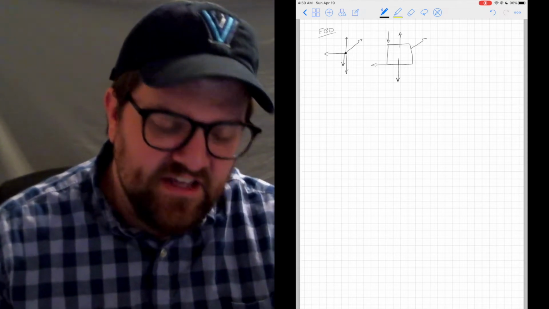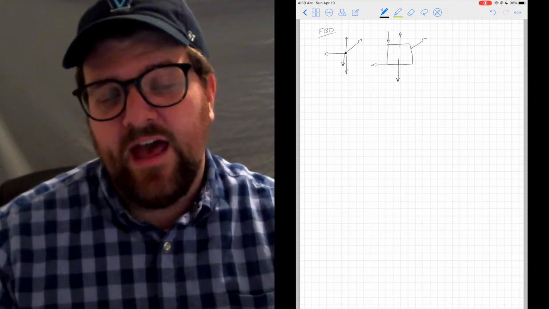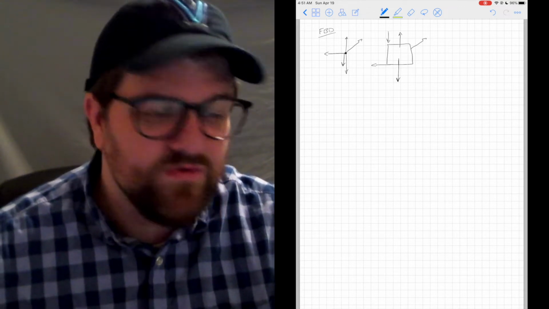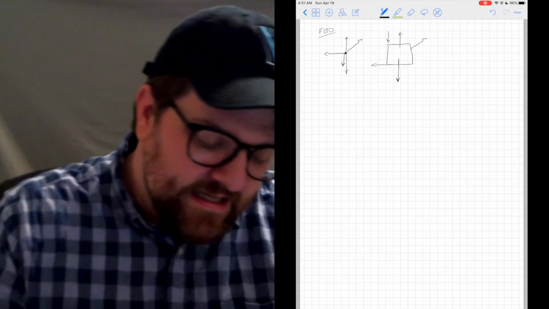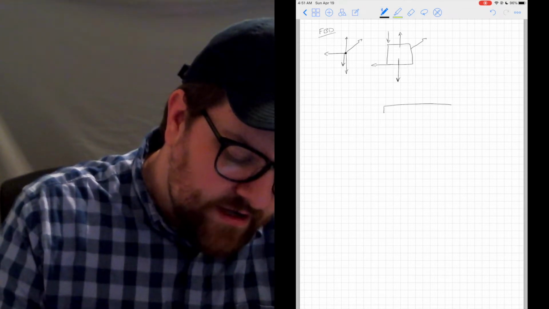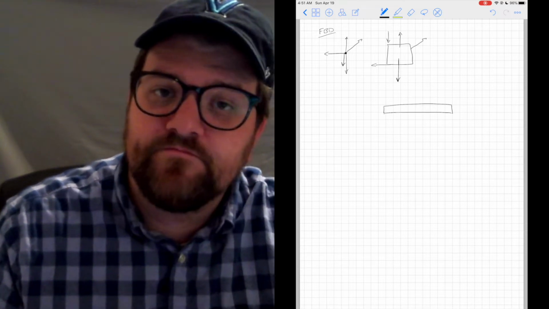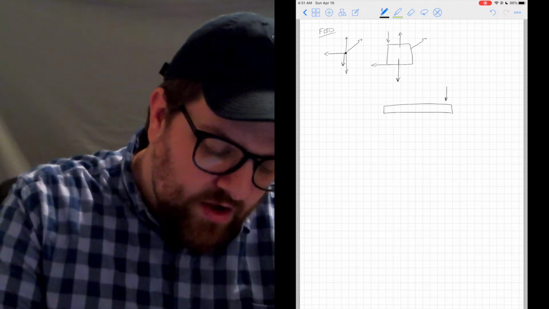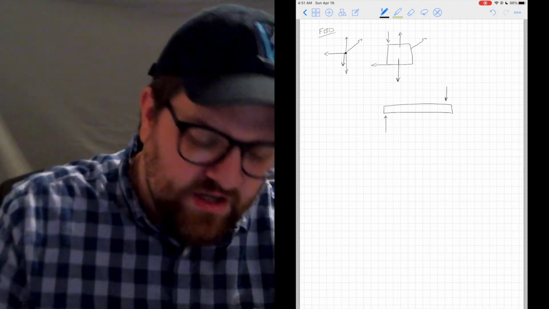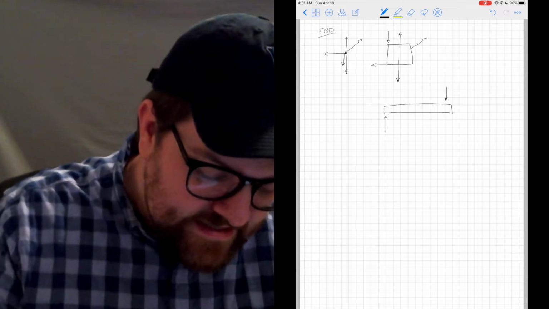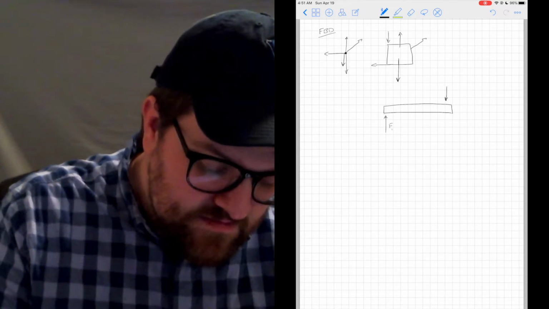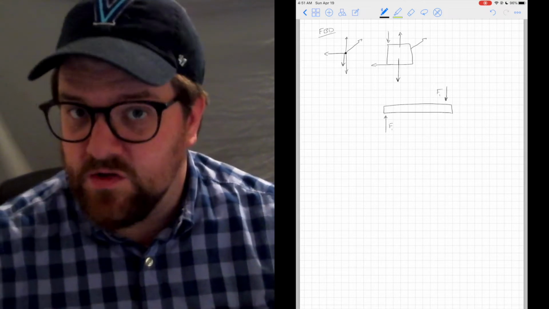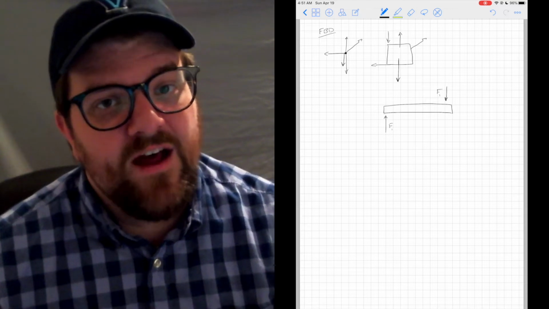And having a force off axis is going to start to make things rotate, right? I can easily think of a scenario in which maybe I have a 2x4. And if I have this 2x4, I can apply a force on this end, and I can apply a force on this end, right? And let's say, just to entertain the thought here, that these forces are equal. They're also opposite. One points up, one points down.